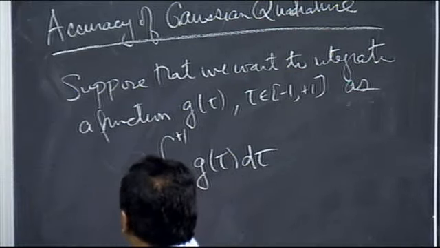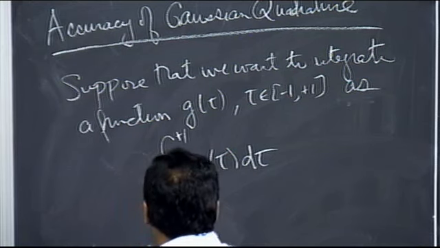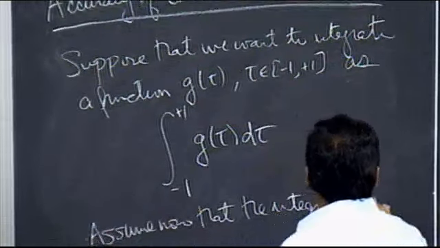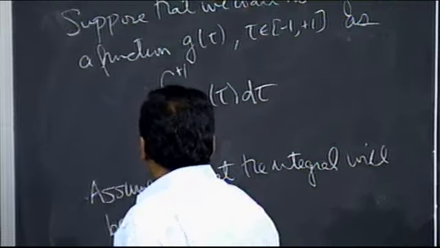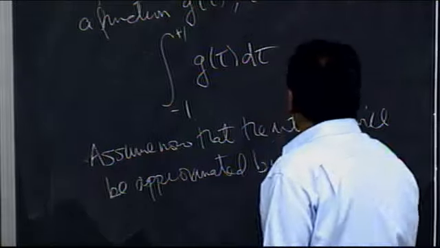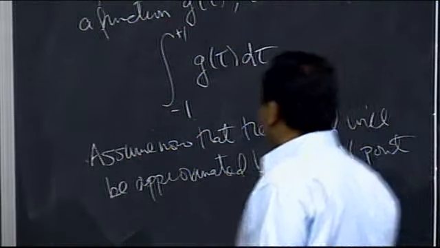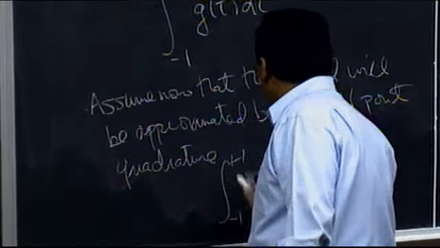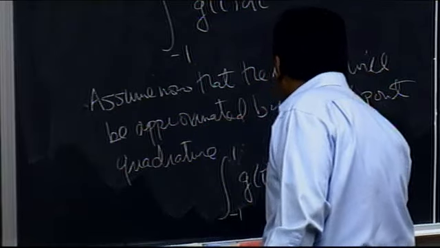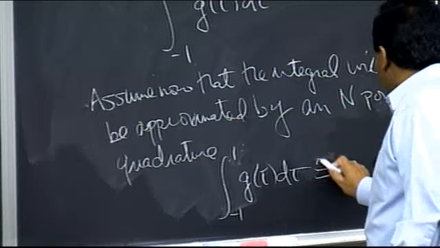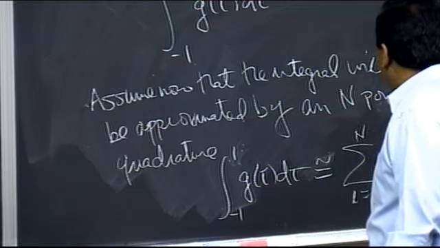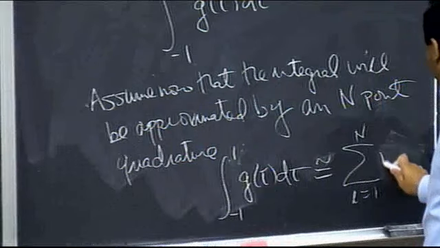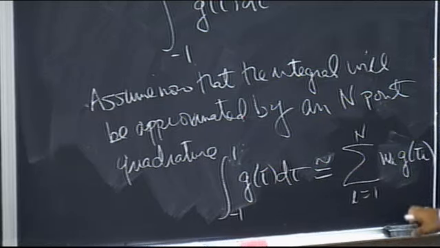And assume now that the integral will be approximated by an n-point quadrature, which looks like this, where we say that the integral from -1 to +1 g of tau d tau is going to be approximated by the sum from i equals 1 up to n of w_i g of tau_i. Okay?